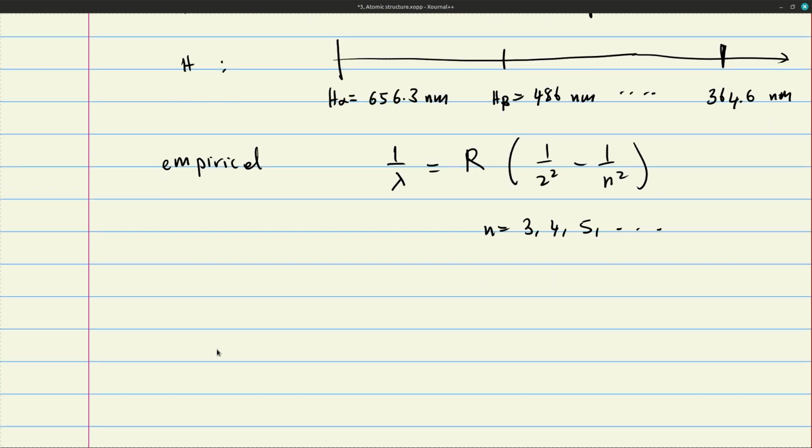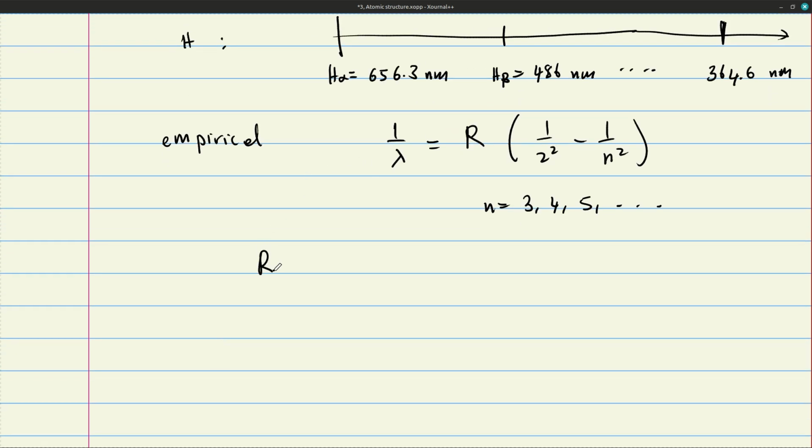And R, which was later called the Rydberg constant, was known to be 1.097 times 10 to the 7 per meter, or in nanometers, 0.01097 per nanometer.